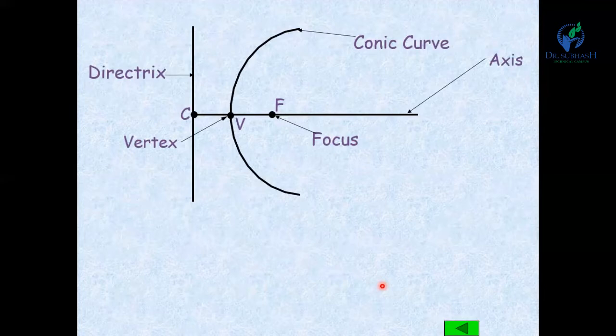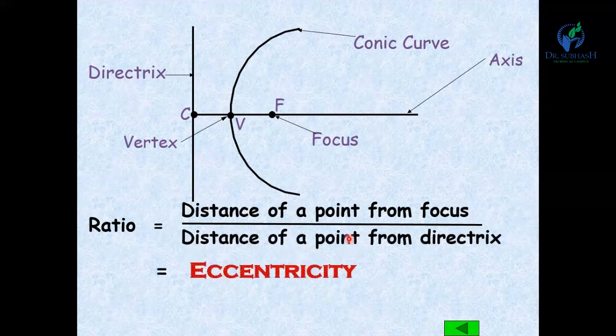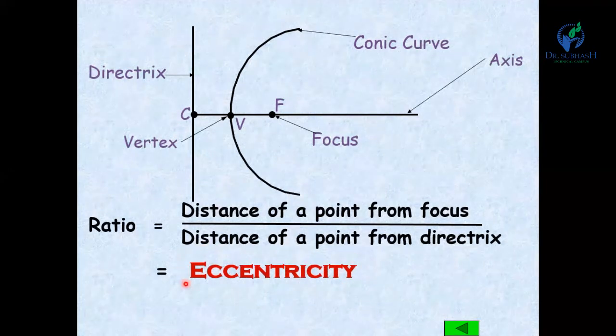Now here in this ratio, as per the definition of the conics, the distance of a point from the focus to the distance of the point from the directrix is constant, and it is known as the eccentricity. This ratio is known as the eccentricity.